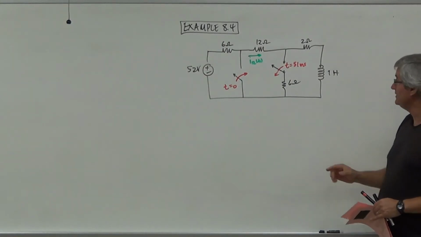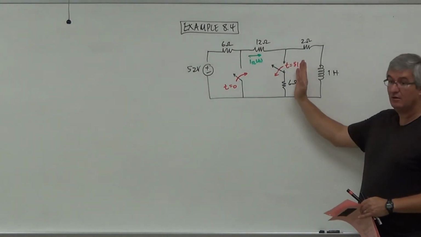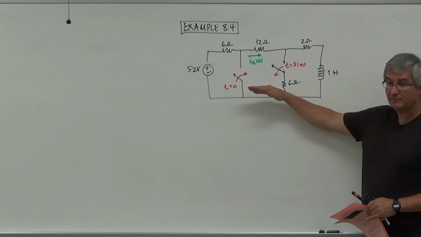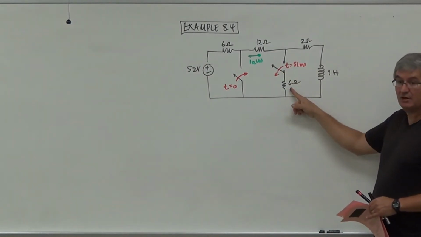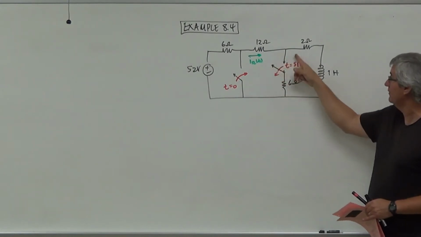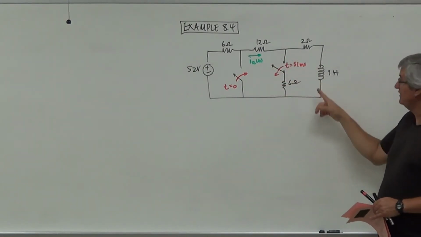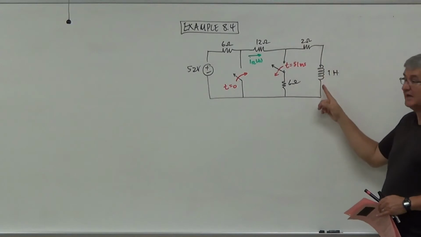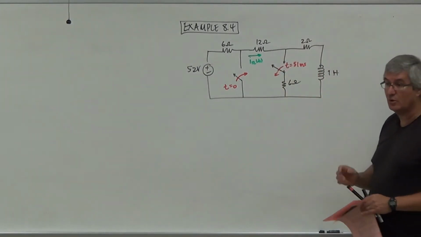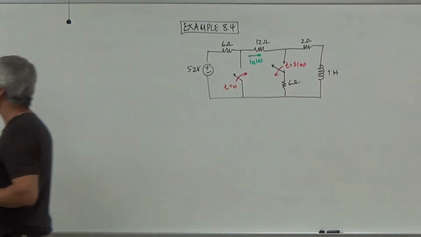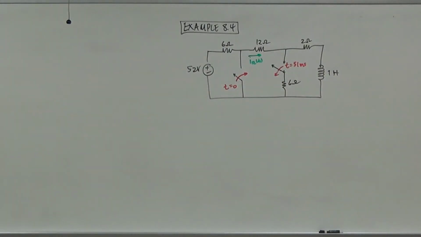Now, what happens? This thing opens. If this thing opens, this guy's gone, and then I have this guy right here. So all of a sudden, instead of dividing the current, it's having the current go through one loop. Between 0 and 51 milliseconds, we have VOC equal to 0.